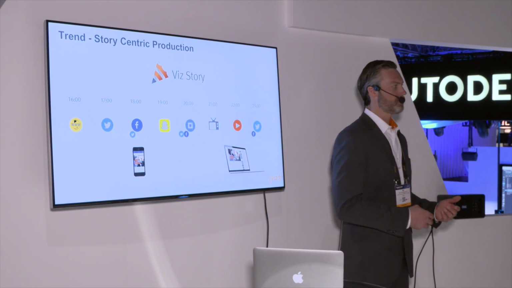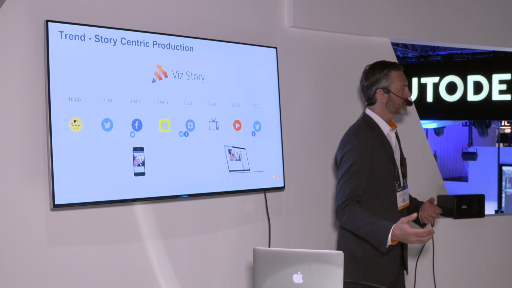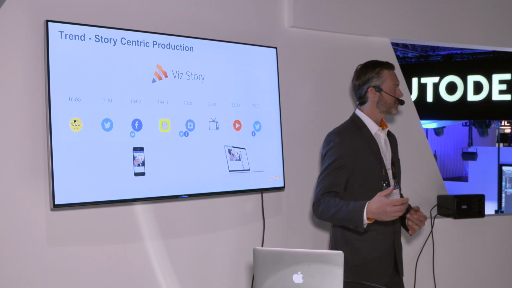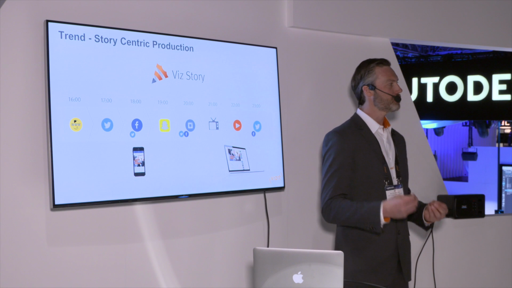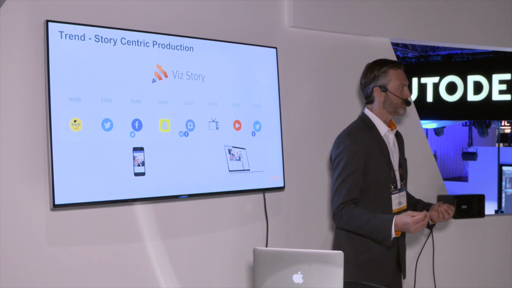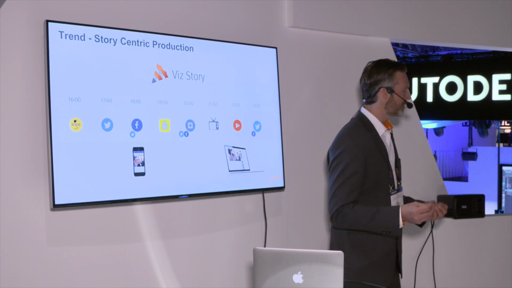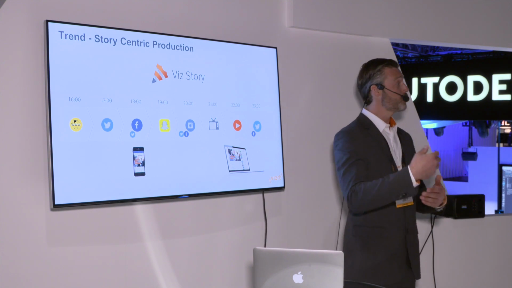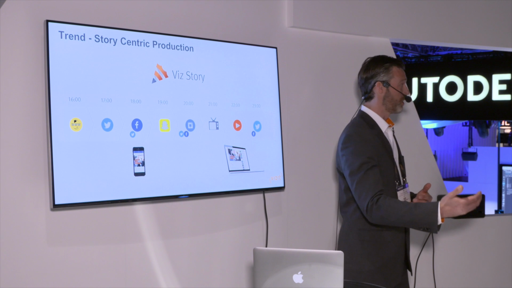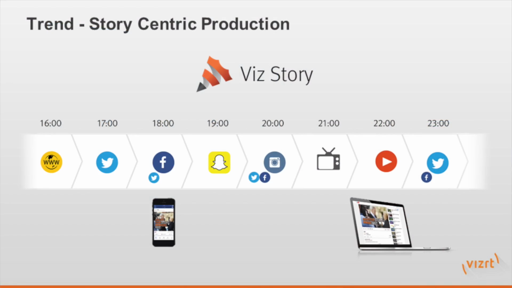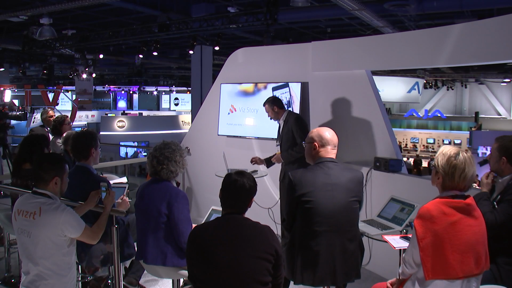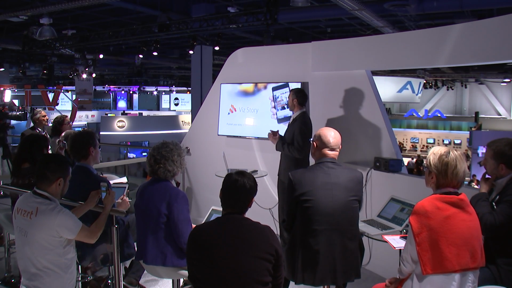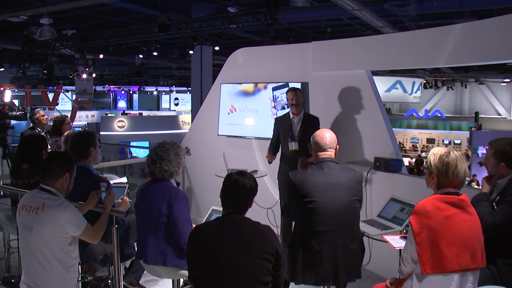So being able to leverage Twitter versus Facebook versus Snapchat versus Instagram, and understand how these platforms can actually work for you, as long as you create content that is targeted not only to the platform but obviously also to who is on the other side, the consumer on that platform. So Viz Story is a brand new product from us, but it is essentially an anywhere-first product.